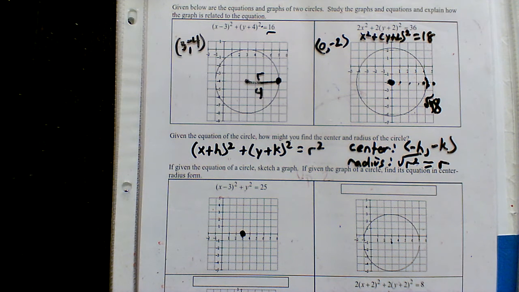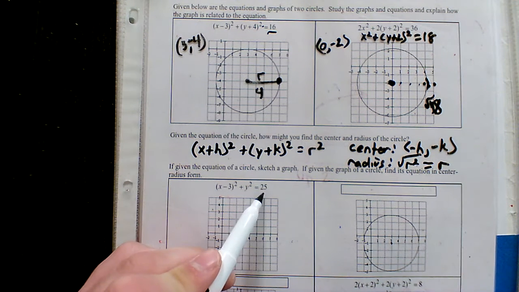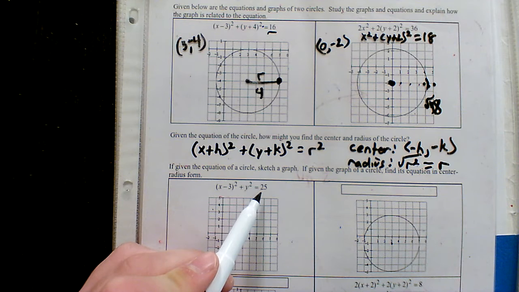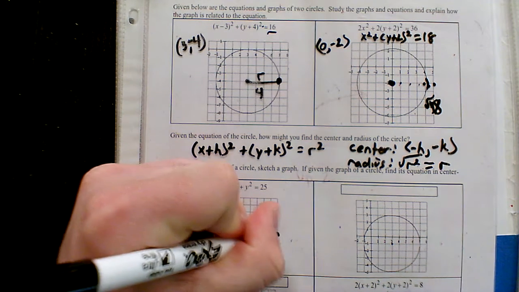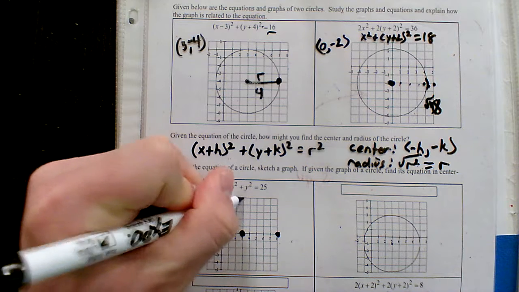Now, how do we find the radius so we can draw our circle? Yeah, you take the r squared over here, take the square root of it. The square root of 25 is 5. So we go over 1, 2, 3, 4, 5.